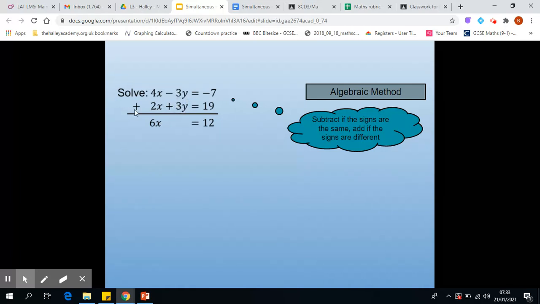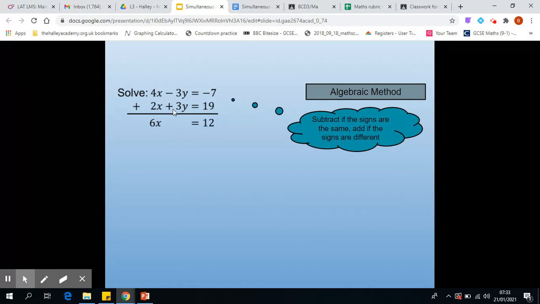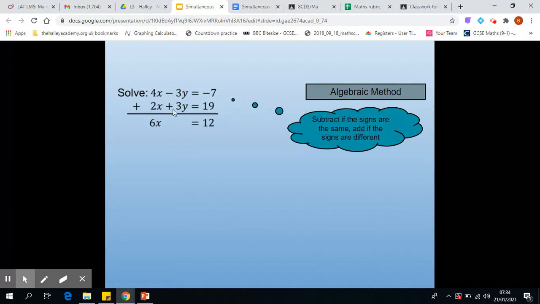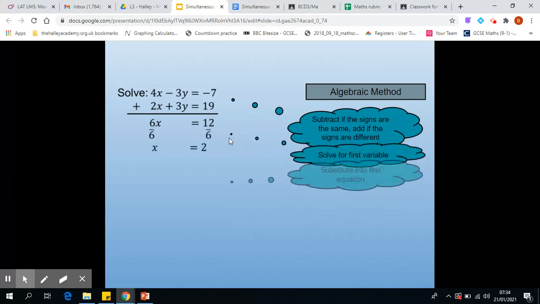I'm not subtracting them as they have different signs. I've just added them, because by adding the equations, it will eliminate a variable. And it's very important: you need to know when to add or subtract. 6 lots of x equal to 12, which means x is equal to 2.